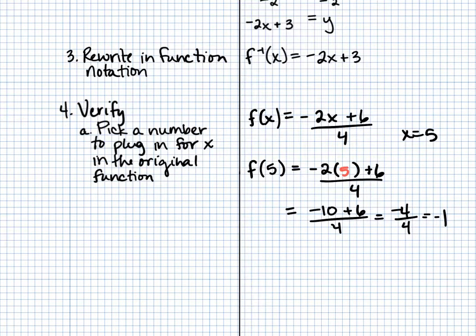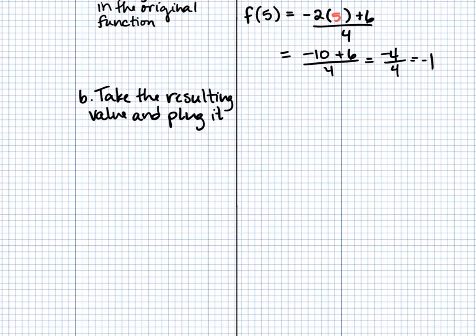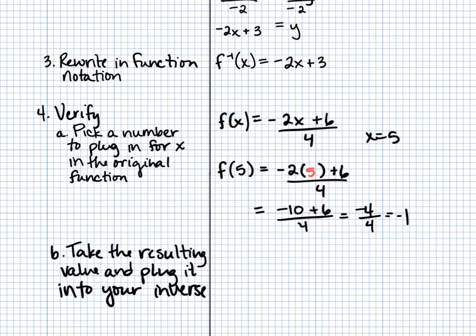Then I'm going to take that number, the resulting value, and plug it into your inverse. My inverse was negative 2x plus 3.